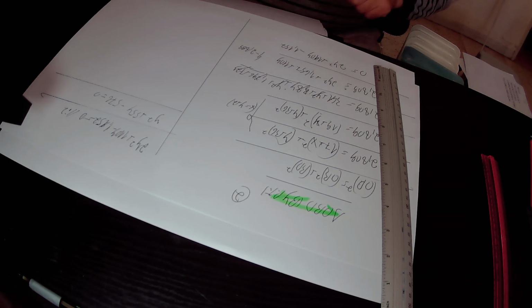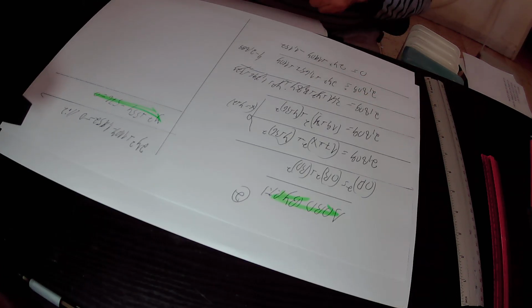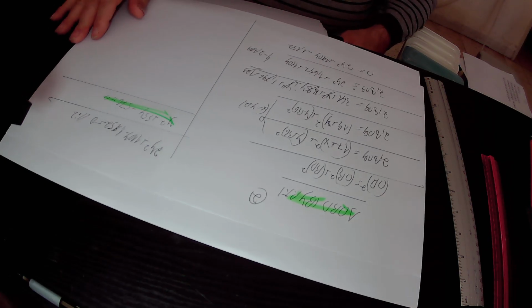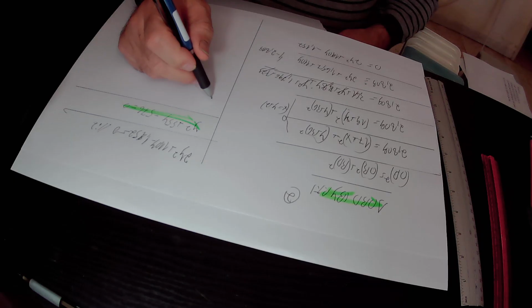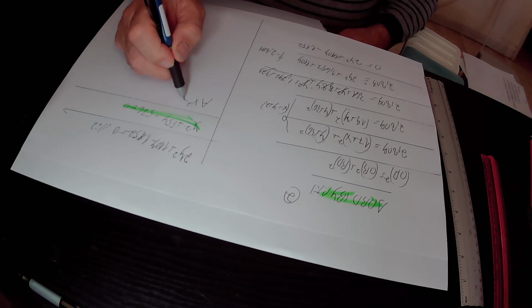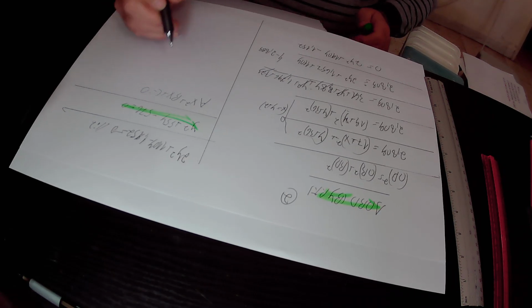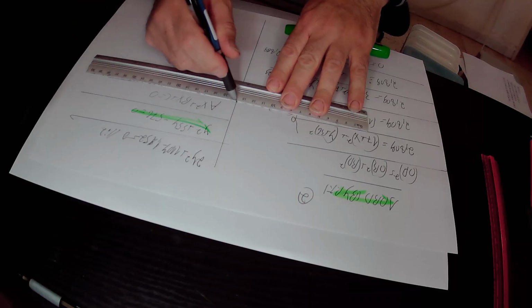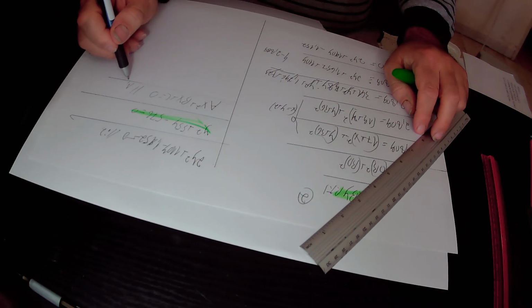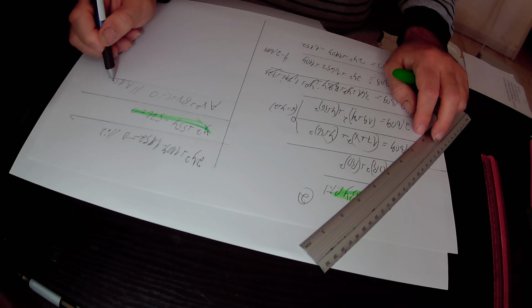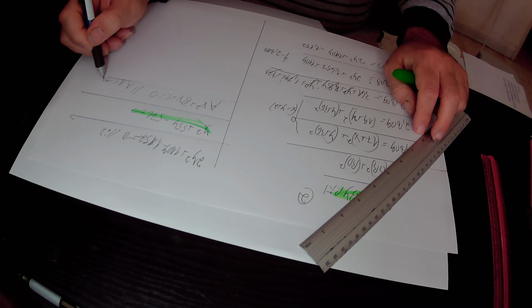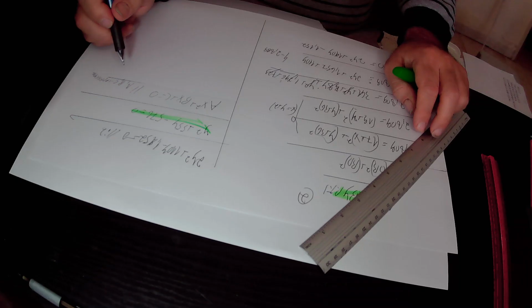This is a quadratic equation, and the general form of a quadratic equation is as follows: ax squared plus bx plus c equals 0. A, B, and C are the coefficients of the quadratic equation, and x is the variable that we are looking for.